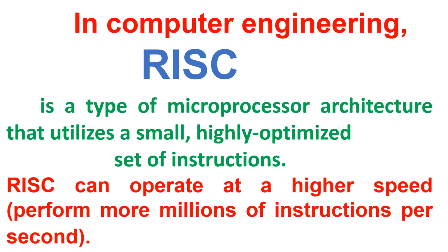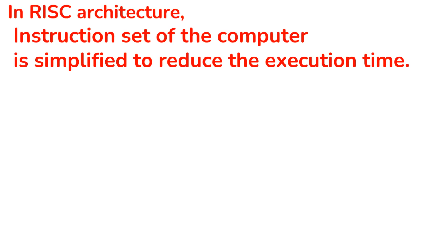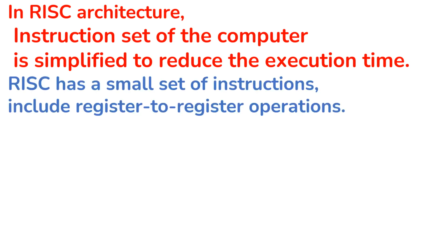RISC architecture is best for such devices. RISC can perform millions of instructions per second, so it can operate at higher speed. In RISC architecture, the instruction set of the computer is simplified. In this way, execution time is reduced.